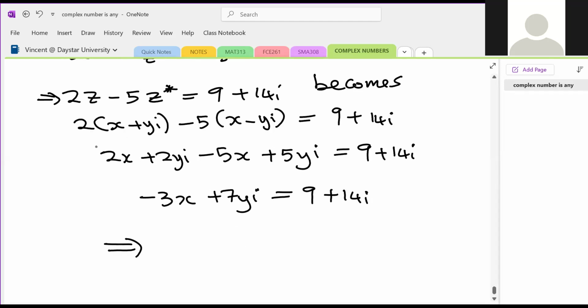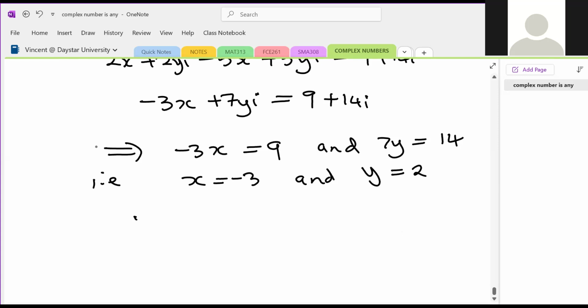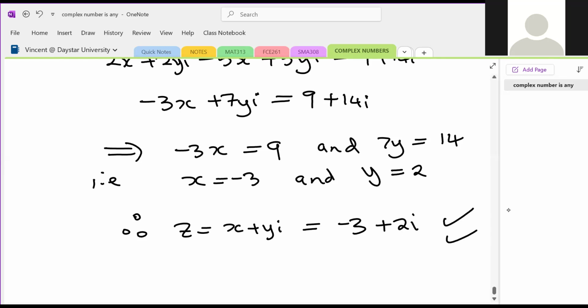So this tells you that minus 3x should be 9 and 7y should be 14, for those two complex numbers to be the same. And this simply means x is minus 3 and y is positive 2. So therefore the solution z, which is x plus yi, is equal to minus 3 plus 2i. And this becomes the solution to that given equation.